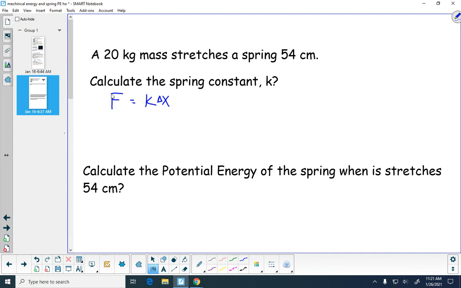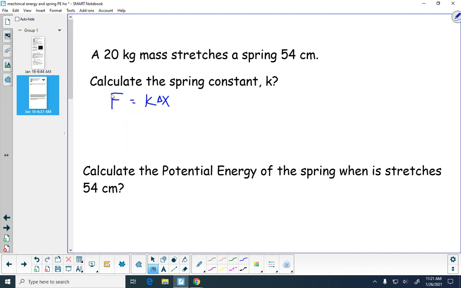You have a force, a weight that stretches the spring 54 centimeters. What is the spring constant?